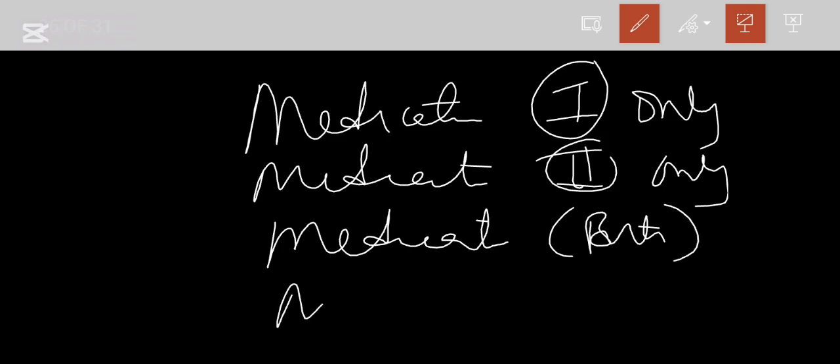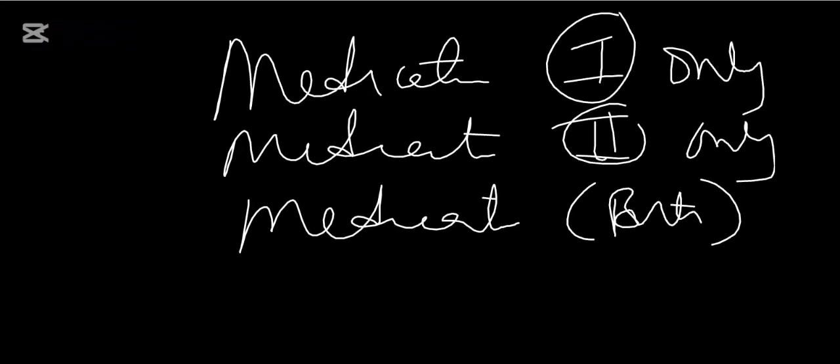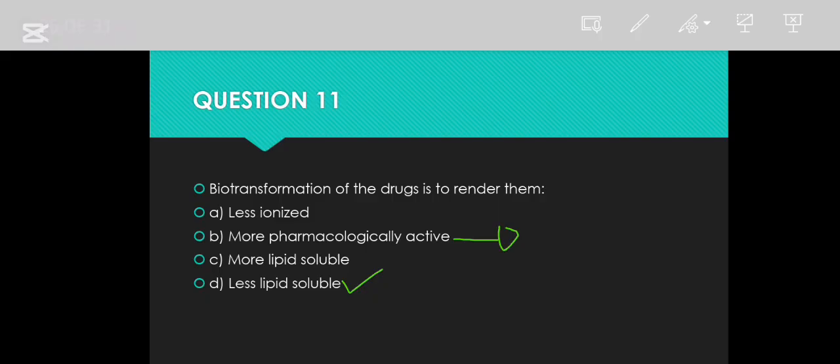Let's just end there, because what I want to add is just repeating itself. You should understand that there's a medication that can undergo 1 only, 2 only, or both of them at the same time. Please pay attention to that. It's very, very important.